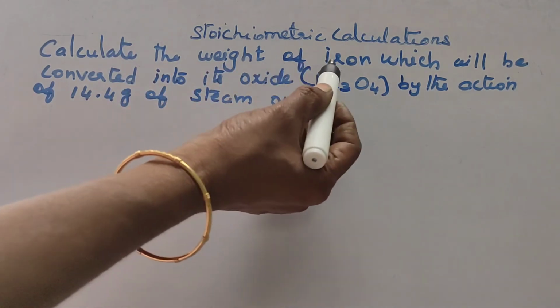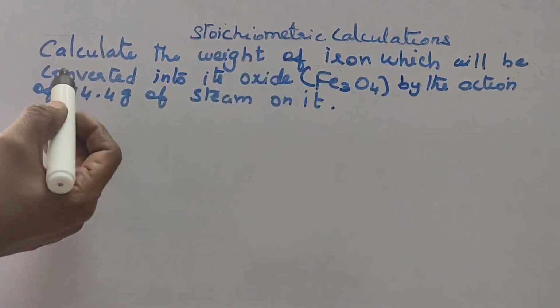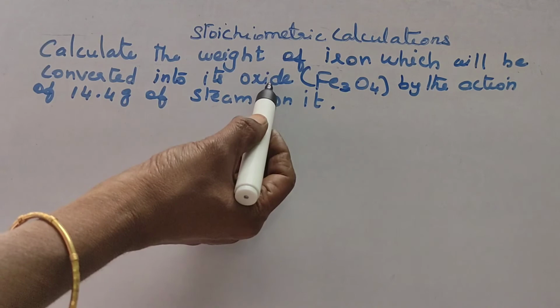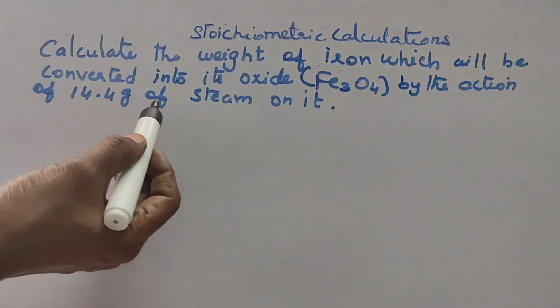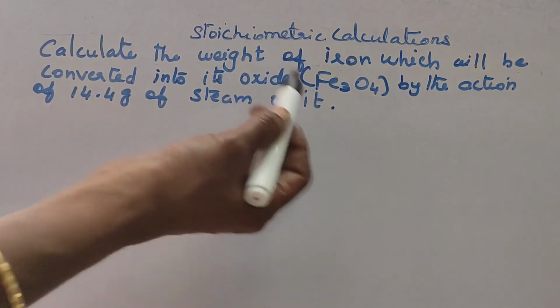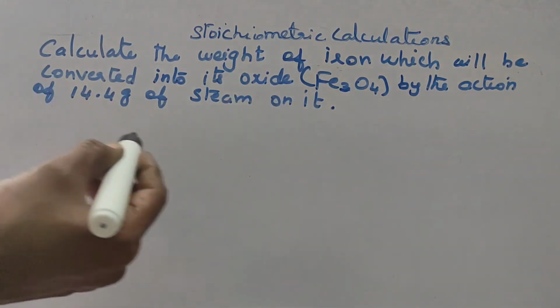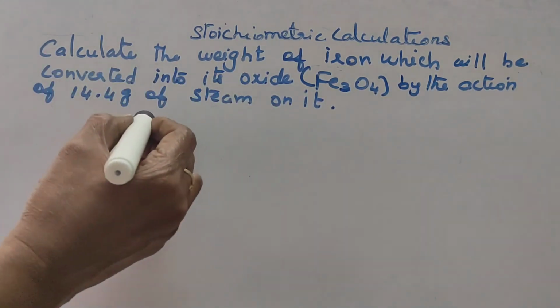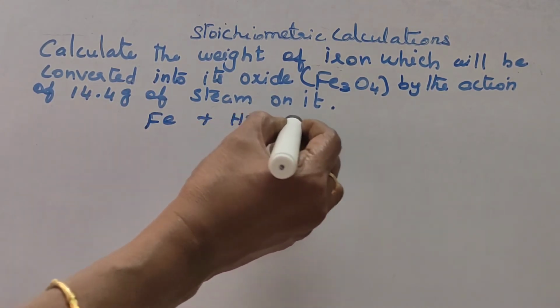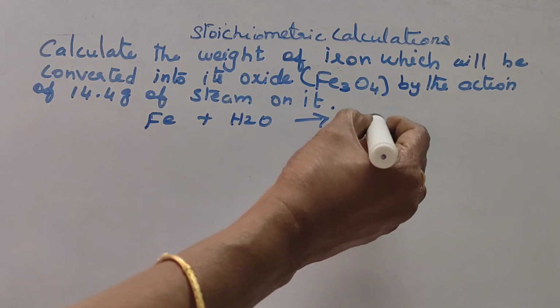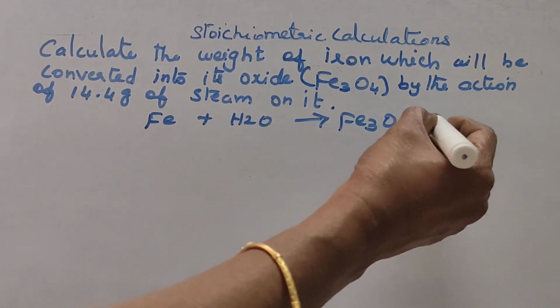Calculate the weight of iron which will be converted into its oxide Fe3O4 by the action of 14.4 gram of steam on it. First, let us write the balanced chemical equation. Iron is reacting with water. It produces Fe3O4 and hydrogen.